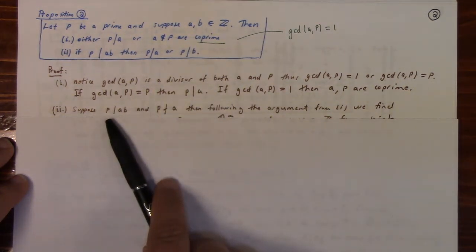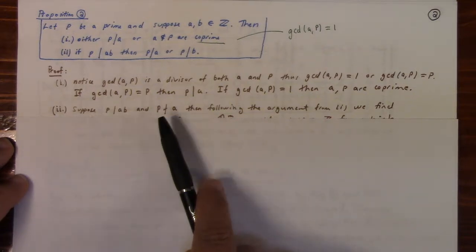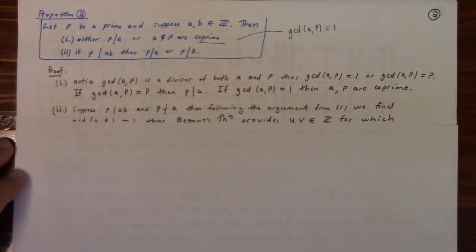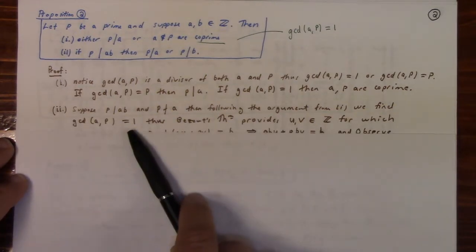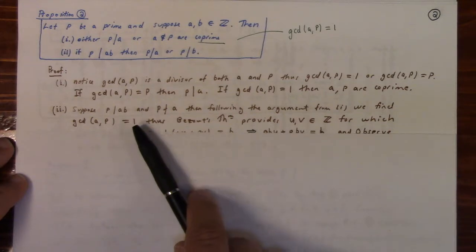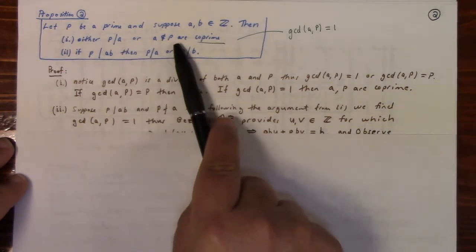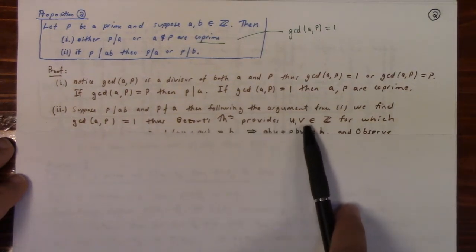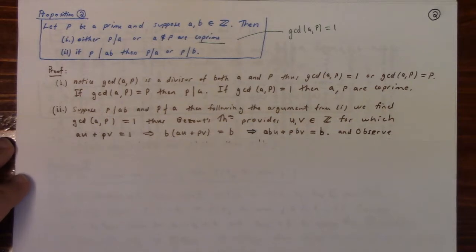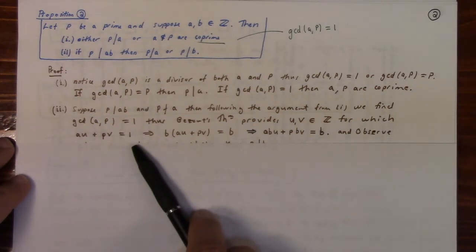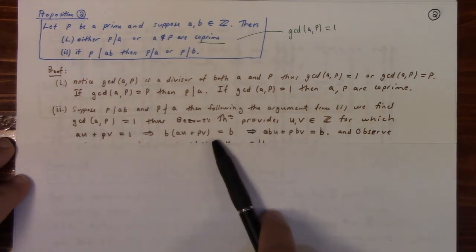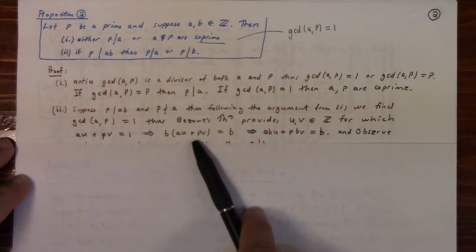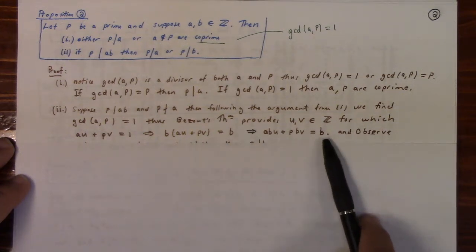So suppose P divides AB and P does not divide A. All right, then following the argument from 1, we find that the GCD of A and P is 1, right? Because either P divides A or A and P are coprime, so it must be that A and P are coprime. So then by Bezout's theorem, we get U and V, integers, for which AU plus PV equals 1, right? But then that multiplied by B gives me BAU plus BPV equals B.